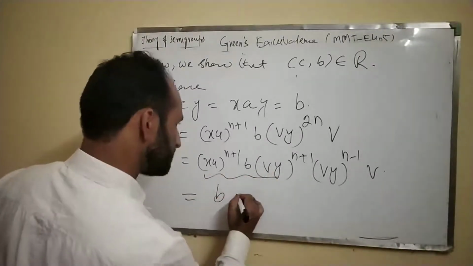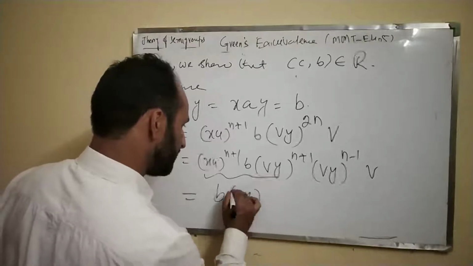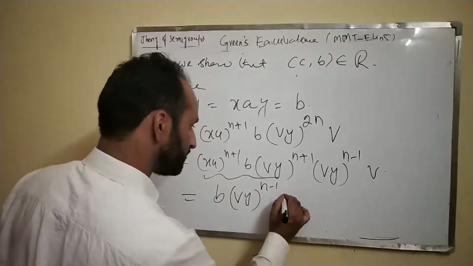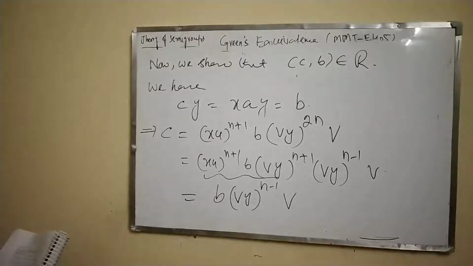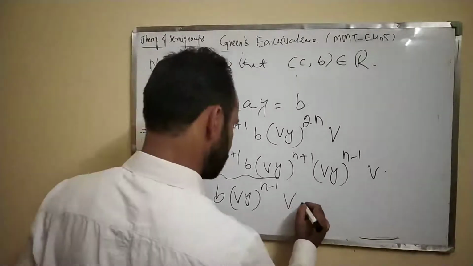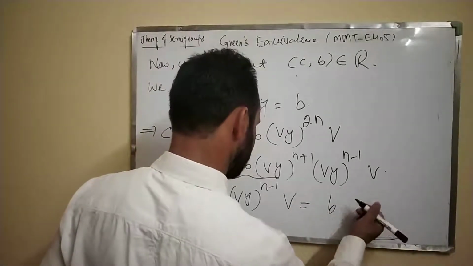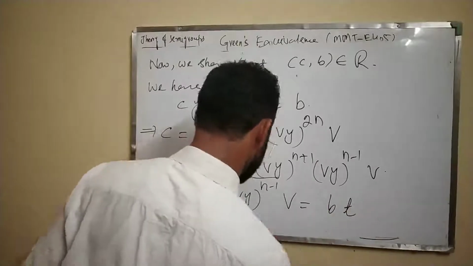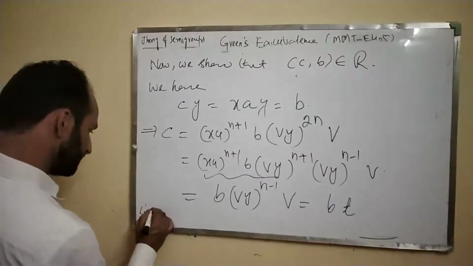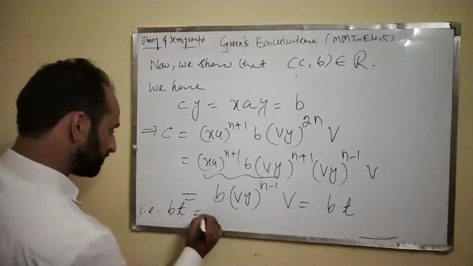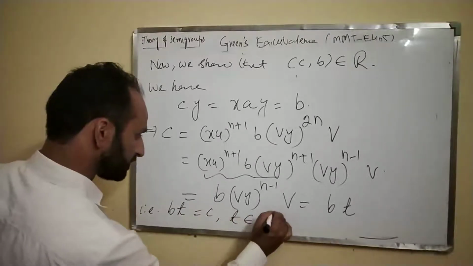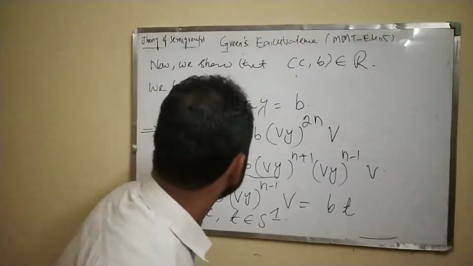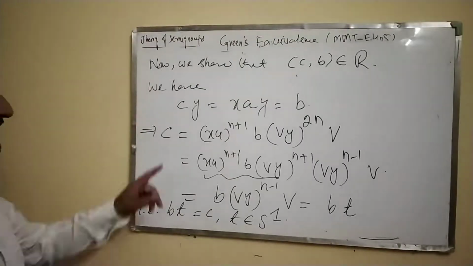It's b times vy power n minus 1 into v. And let's write it as b times some element t, where t belongs to S1. So bt is equal to C, where t belongs to S1. So it's done now.